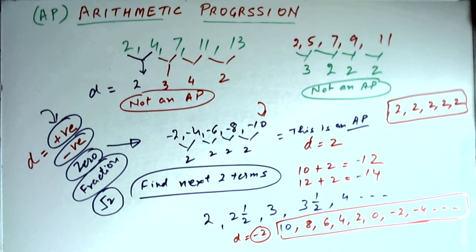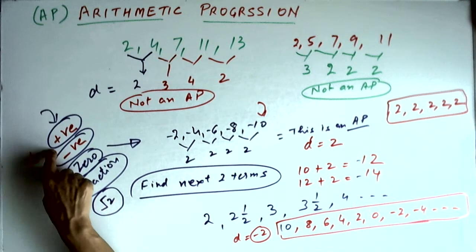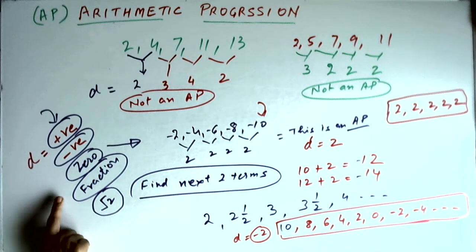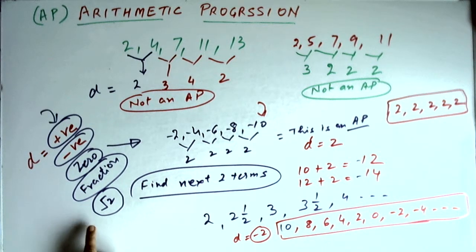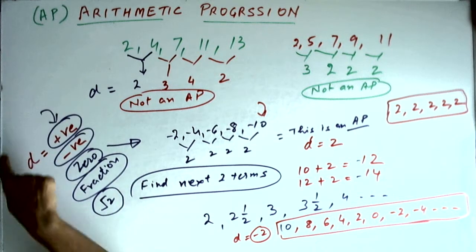If it is the same, then it is an arithmetic progression, and if it is not the same, then it is not an arithmetic progression. We have also learned that the difference could be positive, negative, 0, a fraction, or even an irrational number. So it can be any real number.